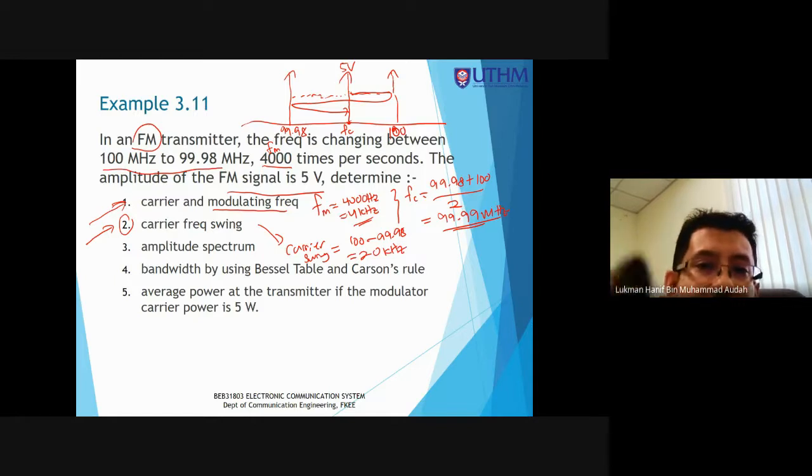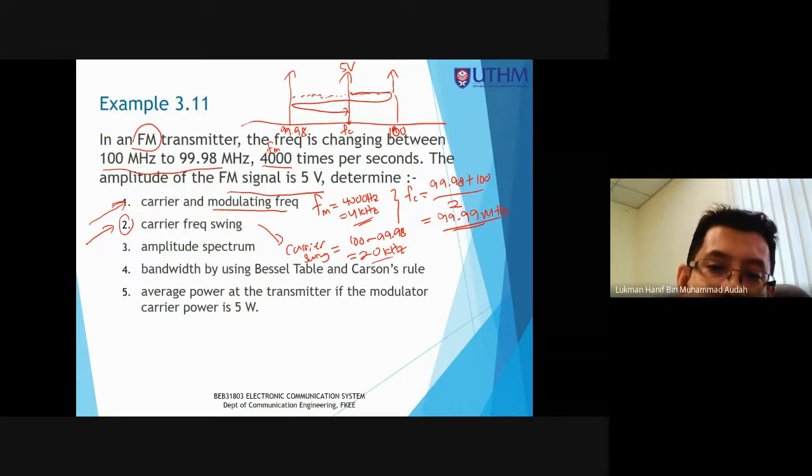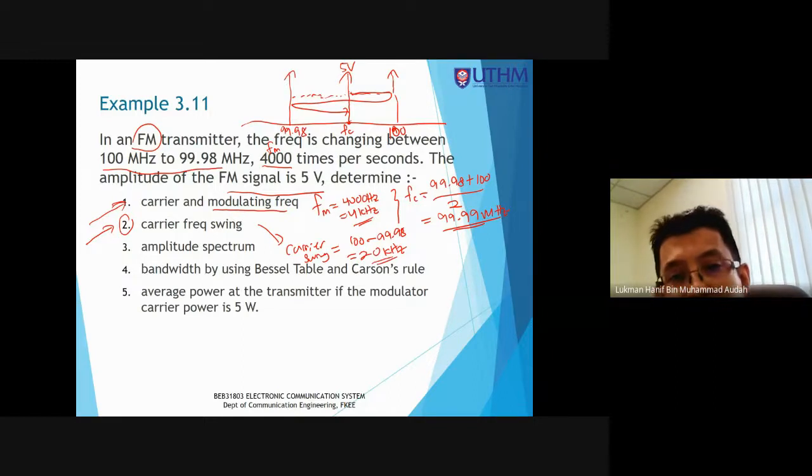So this is 20 kilohertz of carrier swing.